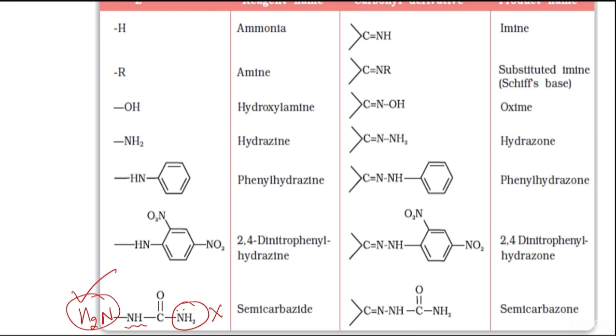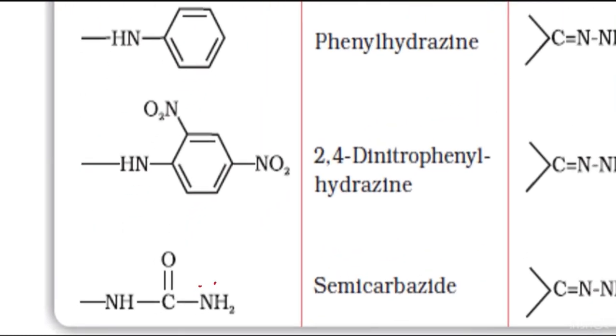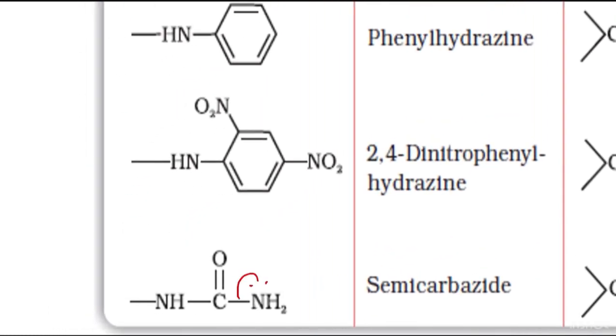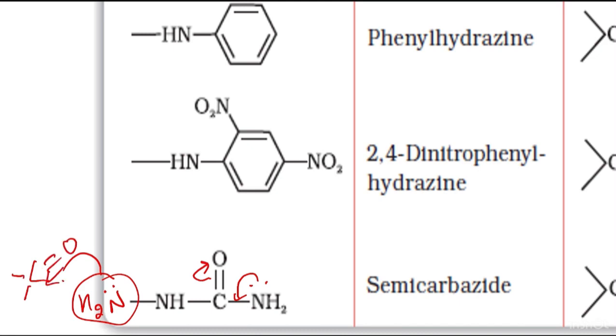The reason is that this particular nitrogen is involved in resonance with the carbonyl group because it is directly attached to C double bond O. The other NH2 group is not attached to C double bond O. So here the lone pair is available. This can act as a nucleophile and show the reaction with the carbonyl group. It can attack here. This is the reason.